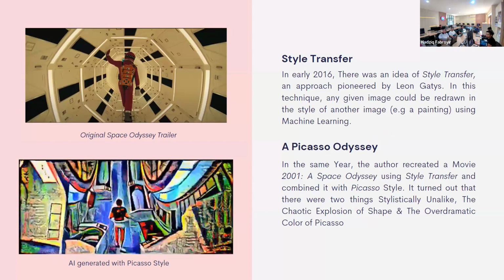In this technique, users give an image as input, and then the image can be redrawn in the style of another image. So, like, if we want to convert an image to a Picasso style or another painter's style, we can do that using machine learning. So this was in 2016, and then the author started to use that style transfer idea.